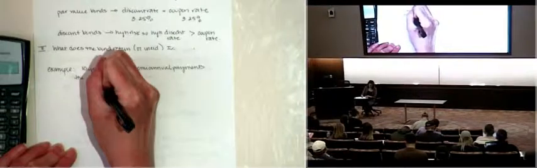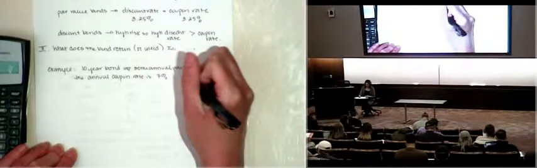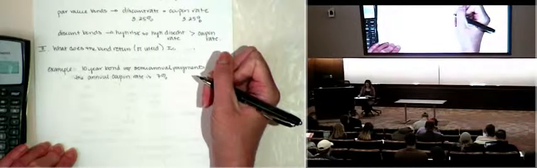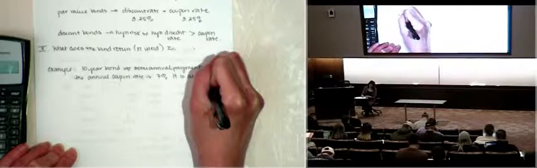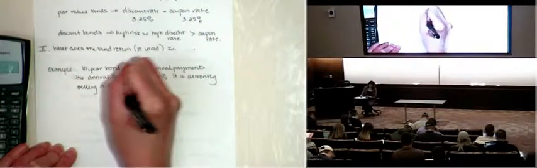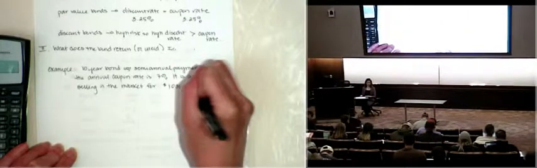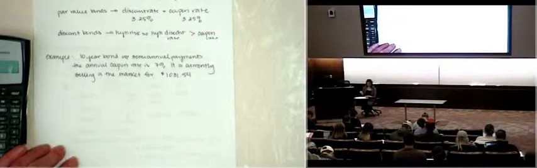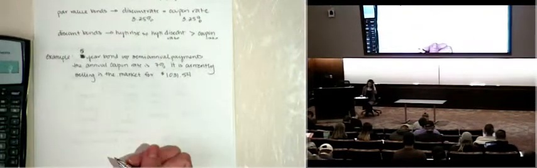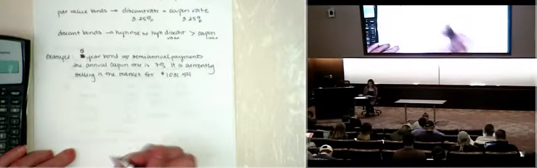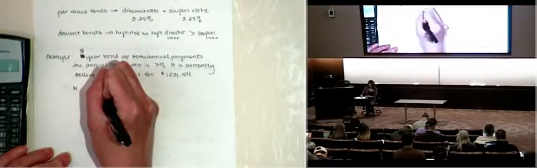The annual coupon rate is 7%, and it is currently selling in the market for 1031.54. So I'm going to write out my buttons so I can keep track of what I'm doing.